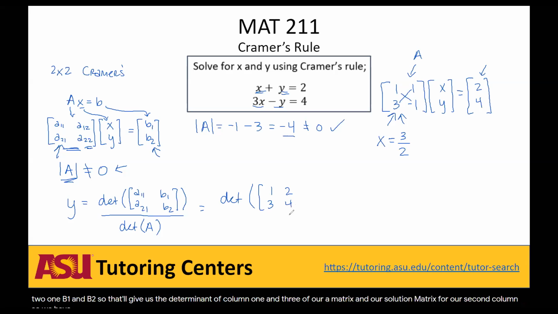So we have 2 and 4. And we're going to divide that by the determinant of A again, which we know to be -4.